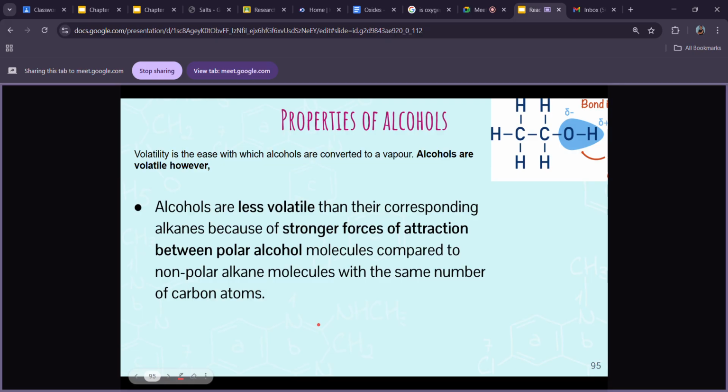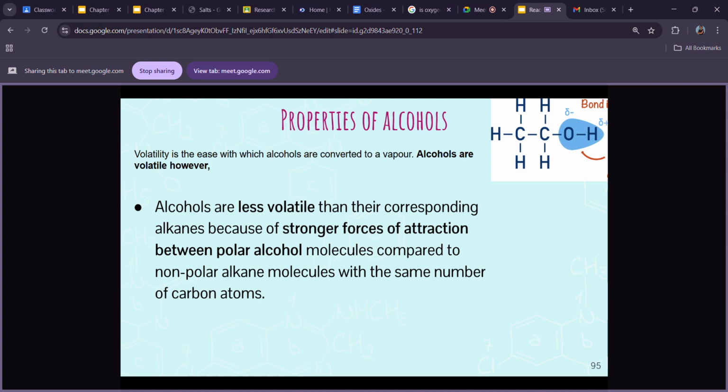Now, let me continue. We're under volatility, which is the ease with which alcohols are converted to vapor. And it's not just about alcohols. Volatility, we're talking about compounds in general. It's how easily a substance evaporates.